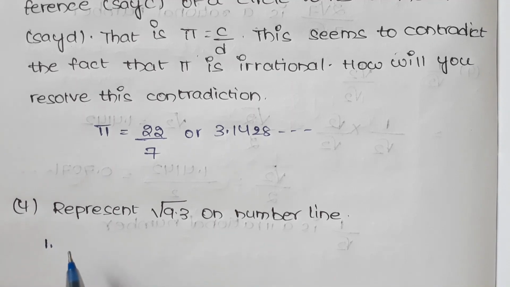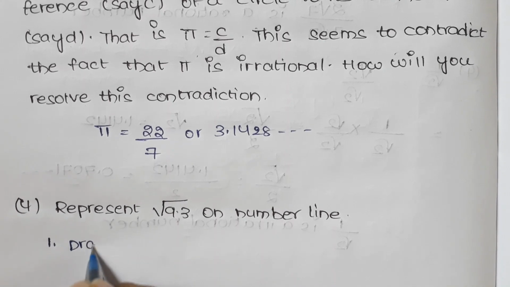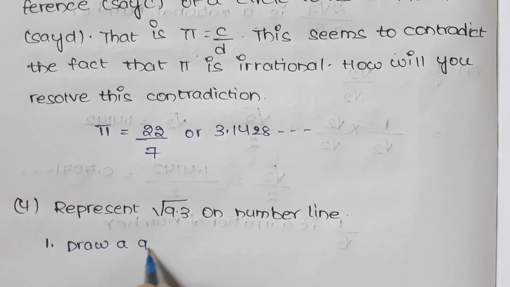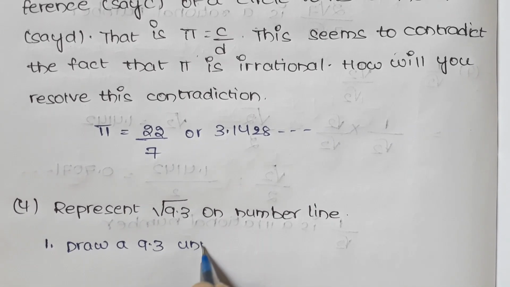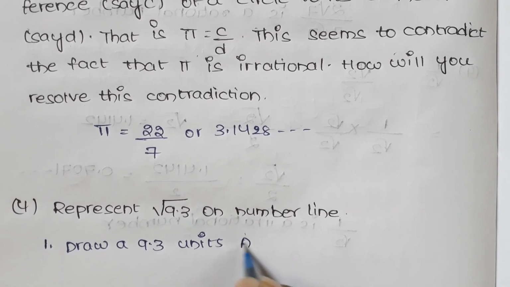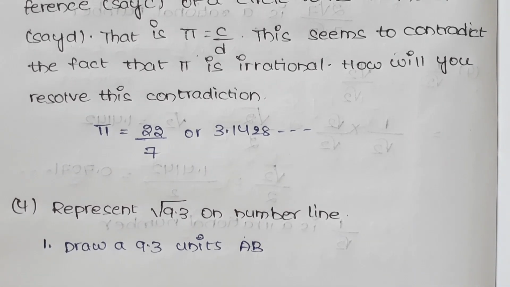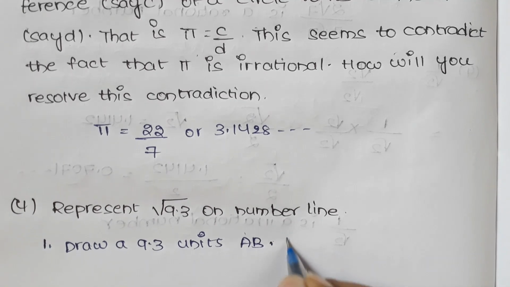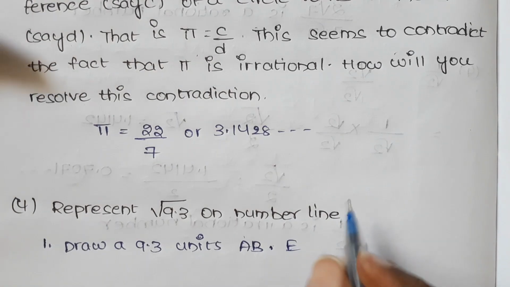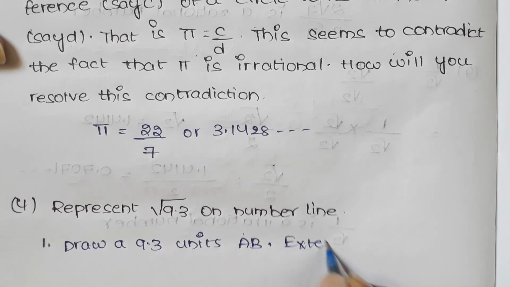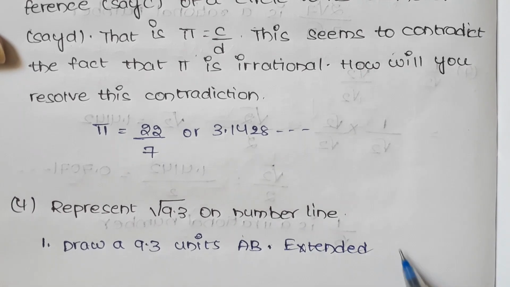Step 1: we should draw a line segment of 9.3 units, that is AB, and this AB is extended to C.